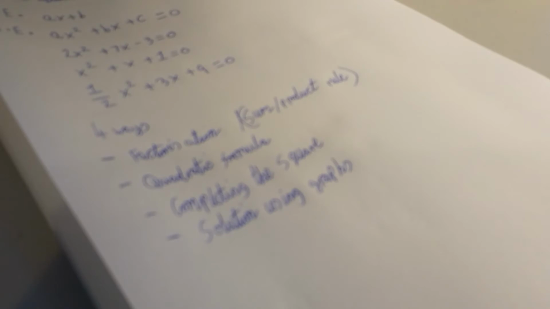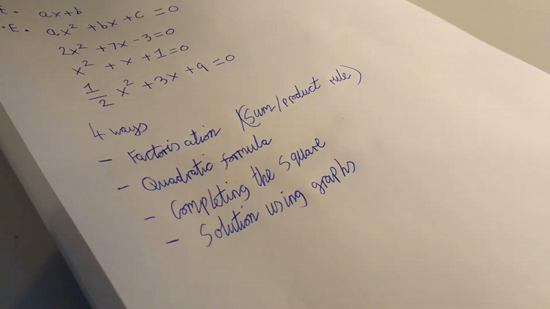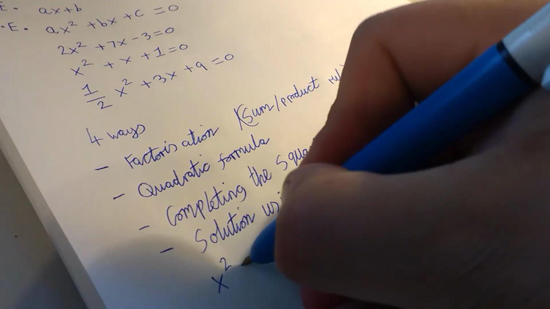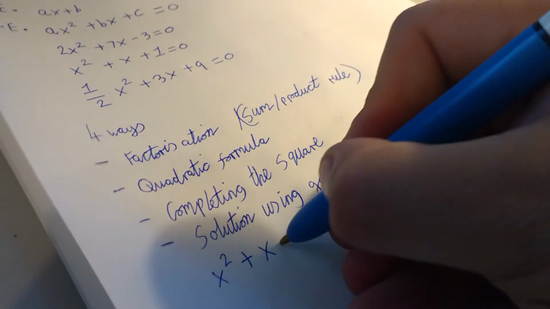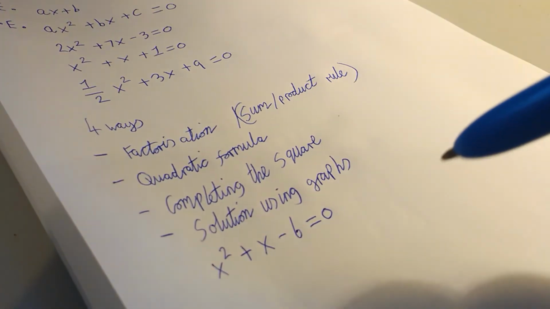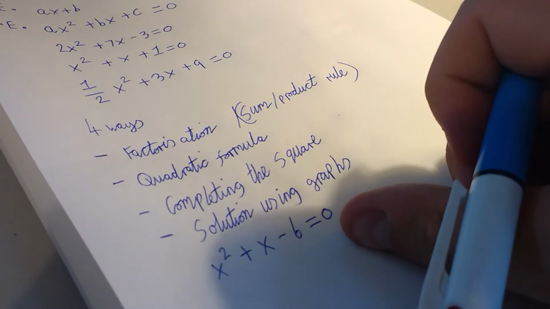So to start off, we're going to look at the product and sum rule. To begin with, I'm going to take a simple quadratic equation. We're going to take x squared plus x minus 6 equals 0. So this is our quadratic equation.